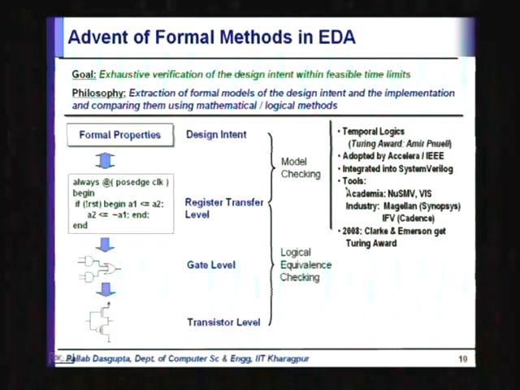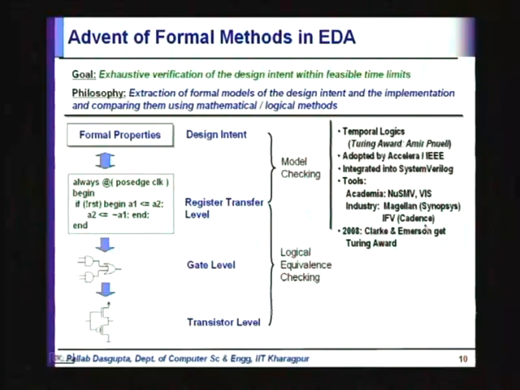And within quick time there were a lot of tools that came up from academia. There were tools like NuSMV, which is the CMU formal verification tool, and VIS, which is the Berkeley formal verification tool. And the industry was also very quick to come up with their products, and today we have Magellan from Synopsys and IFV from Cadence.